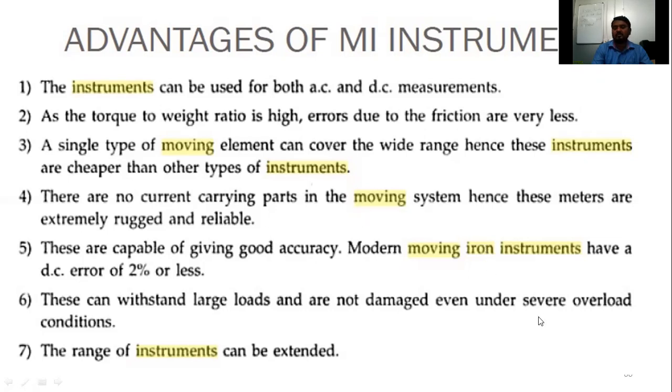We have already discussed shunts and multipliers for the PMMC. The same shunts and multipliers can be used for these instruments also. The range of the instrument can be extended by using shunts and multipliers. That is one big advantage of moving iron instruments.